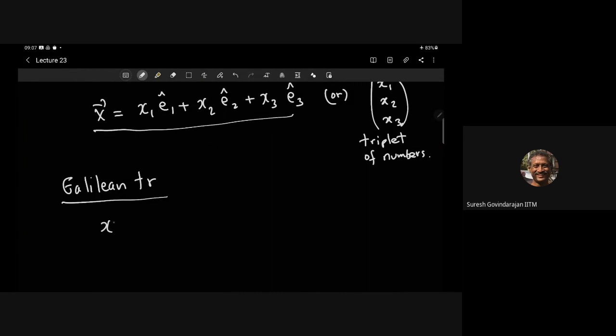We wrote it in terms of x_i prime equal to some rotation matrix, so let's call it R_ij x_j, plus, let me just use lowercase letter here because I use capital R for something, plus u_i t, plus some shift of origin, which we will write as some x naught.